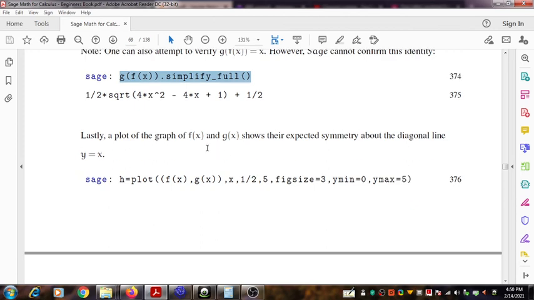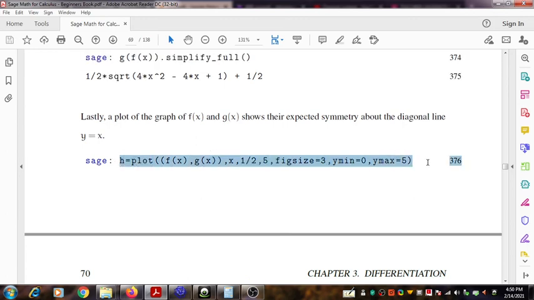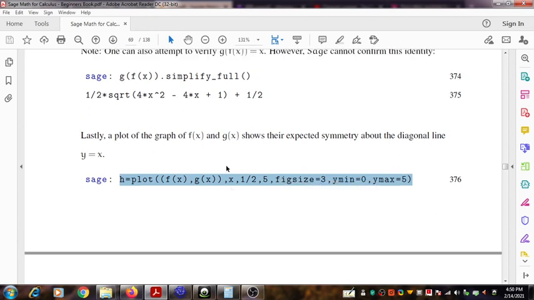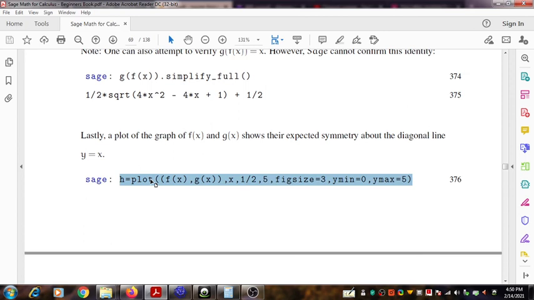Okay, this is the final step, in which we are going to plot. As I just mentioned, we use this plot command, and the plot will be stored in a new variable h.